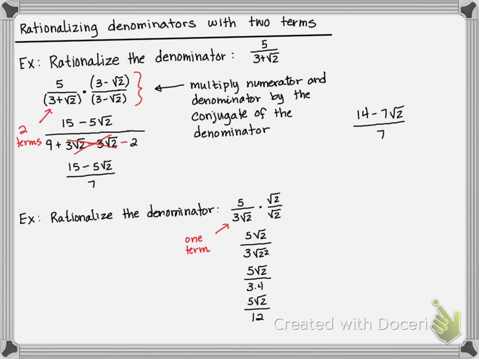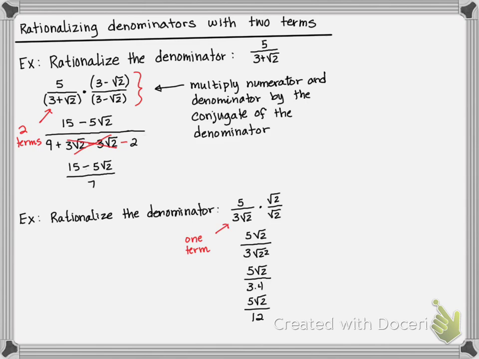So if you're unsure at all about if you're going to be able to cancel something, you should go ahead and take out any common factor that you can, just to see if anything cancels. But if you can tell by looking at it, like this one, we can kind of see that 5 and 7 aren't going to have any common factors. And so that's the only reason I didn't pull anything out there.